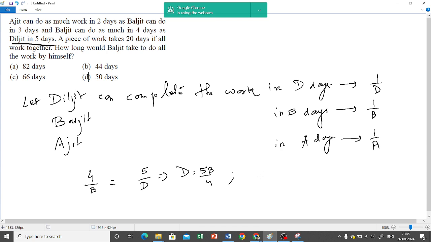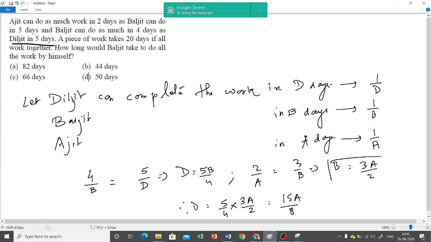Now Ajit can do as much work in 2 days, so 2 by A is equal to Baljit in 3 days, so 3 by B. So B is again what? 3A by 2. Therefore what is D? D is 5 by 4 into what is B? B is 3A by 2. It is going to be 15A by 8.